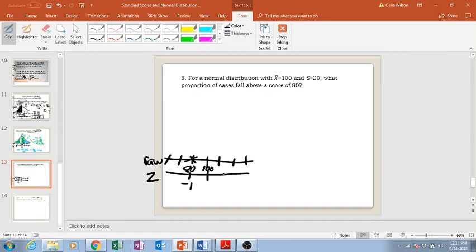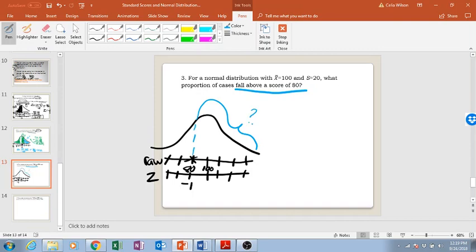Remember how we've already figured that out? There we go. Okay, and we have our nice normal curve. All right, so let me figure out, what are they asking me? They want to know what proportion of cases fall above a score of 80. So here's my 80. So they want to know what is all of this area. So that's my question mark. What is all of this?